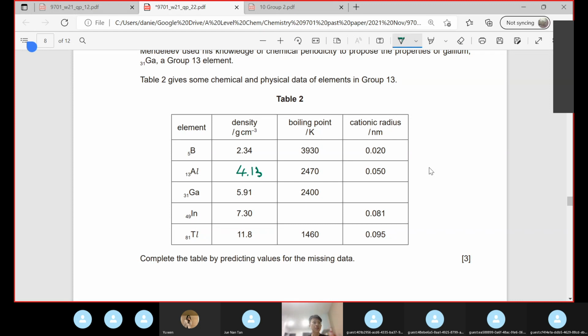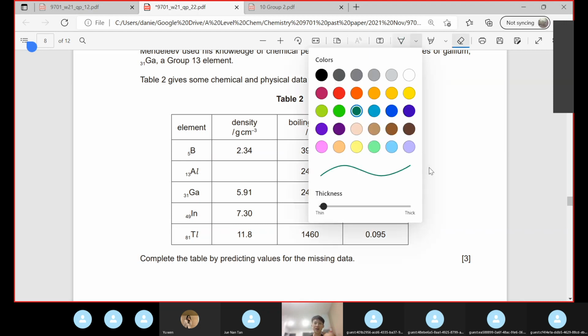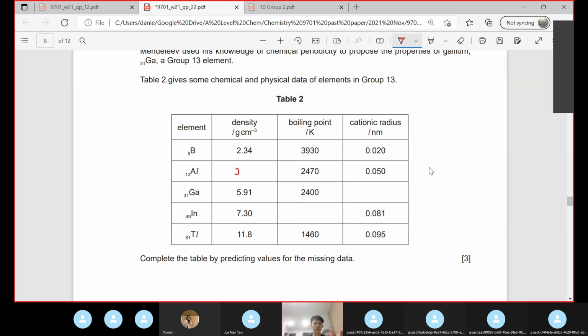Definitely. You don't write something like 2.40, just above 2.34. Don't do this. Always select a value close to the midpoint.